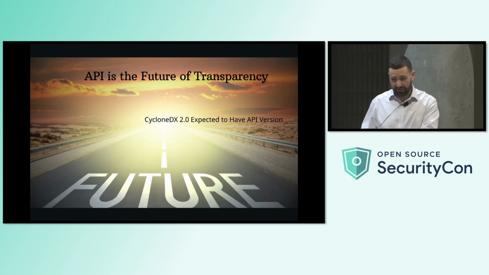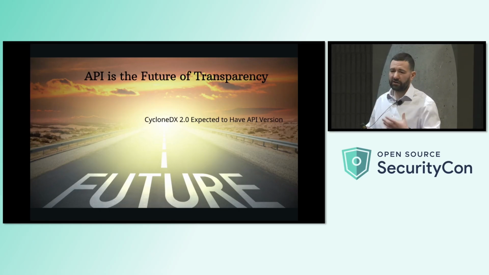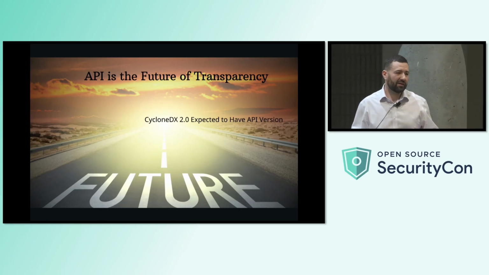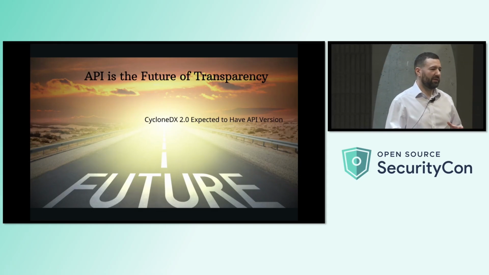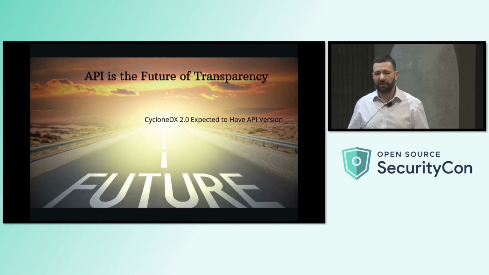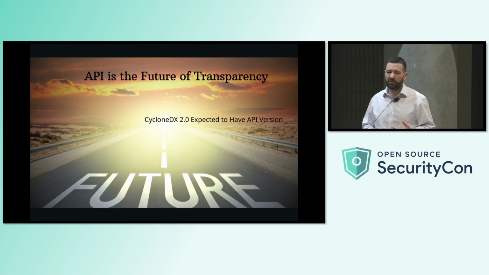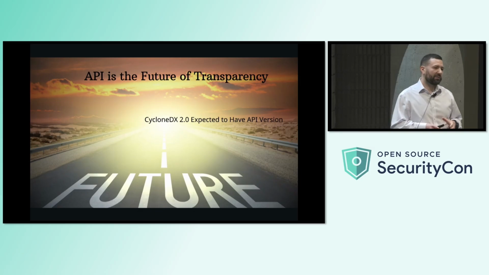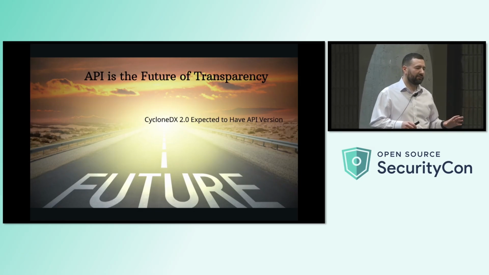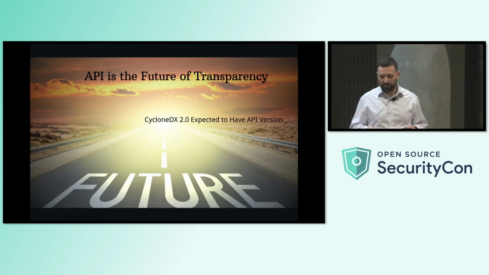One thing they mentioned is that the current CycloneDX is file-based, but CycloneDX 2.0 would have a part which is API-based. And again, the vision is that API would sort of be the main driver, because very frequently, people don't really need a full SBOM. They just want certain details, which can be obtained through API.